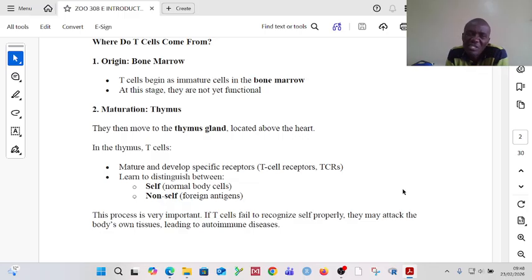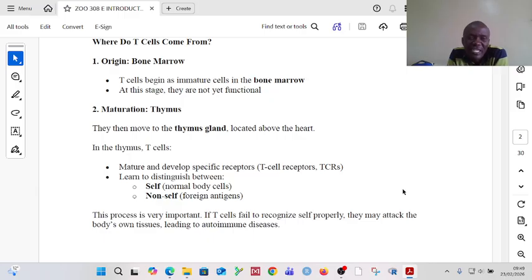So the immune system fights against its own body cells. Okay? So it's fighting against its own body cells because it does not have the ability to detect what is self from what is non-self. It cannot distinguish between the cells that belong to your body and what is foreign to your body.